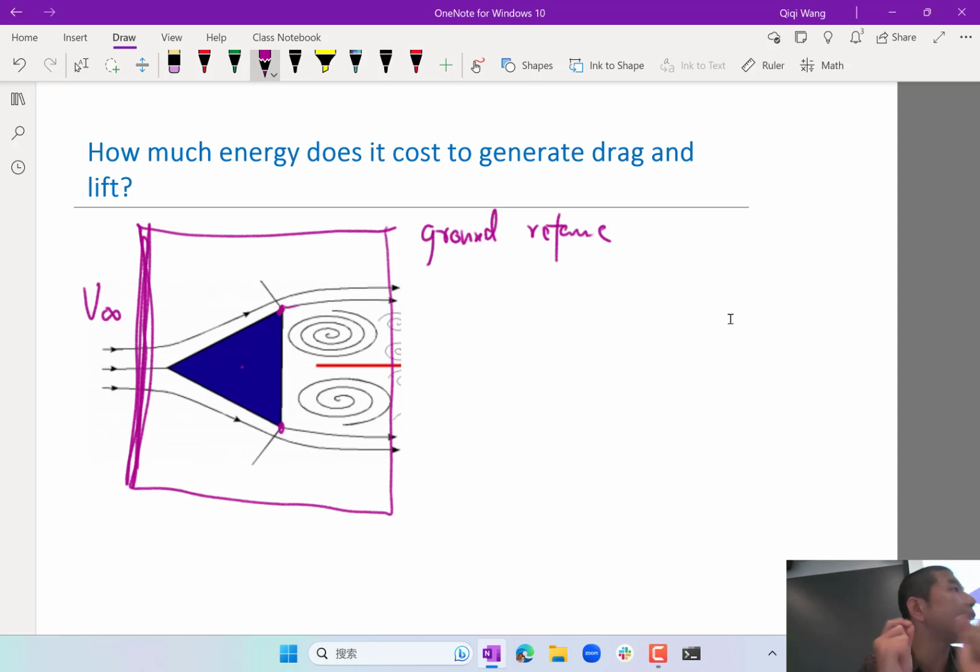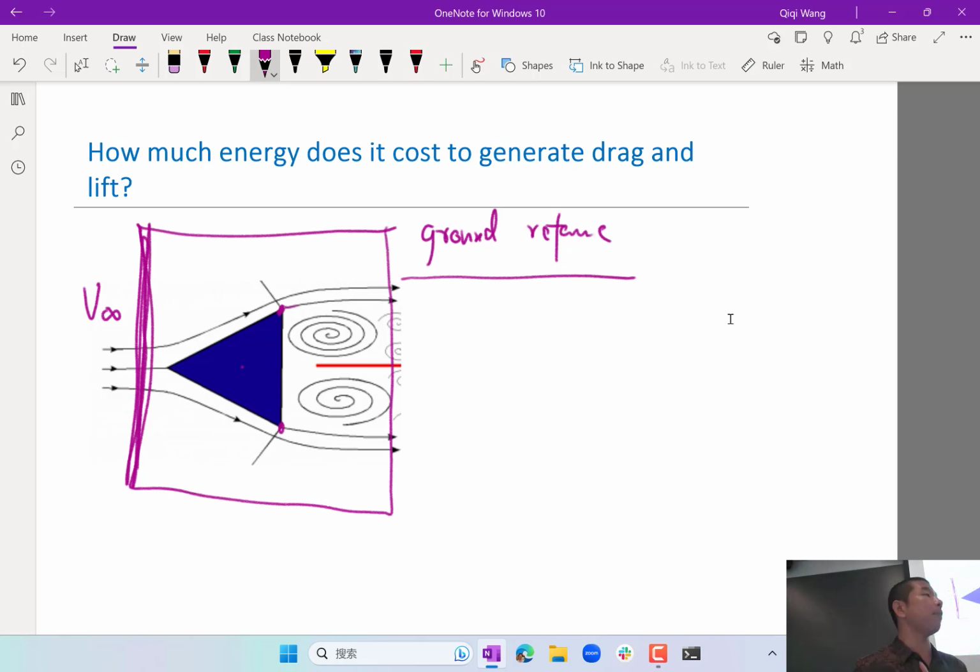The kinetic energy that goes into the control volume is not surprisingly zero, because we are taking the ground reference. The velocity that goes into the control volume is zero relative to the ground, right?